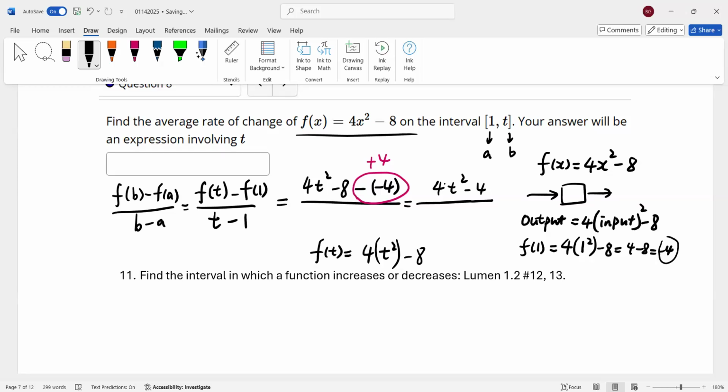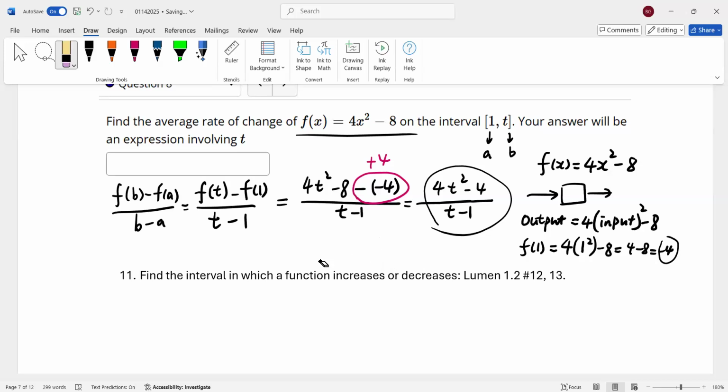Negative 8, positive 4. It's like you lose $8 the first game and then you won $4 later, and your overall profit is still negative because the first game you lose more than the second game you won, right? So negative 8 plus 4 is negative 4. And the denominator t minus 1 is going to stay here. But this is not the final answer because you need to simplify it. Allow me to erase this part and we can continue.